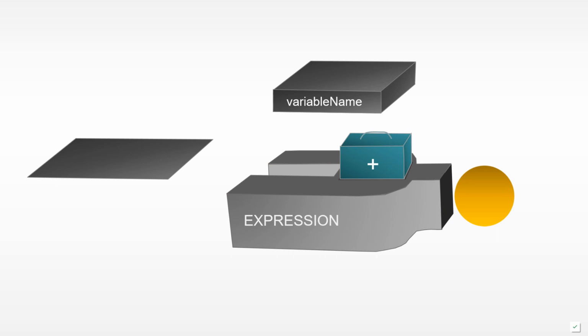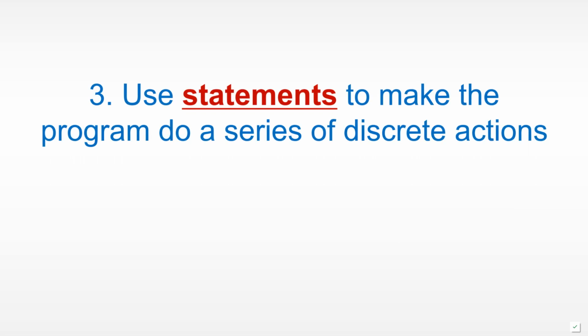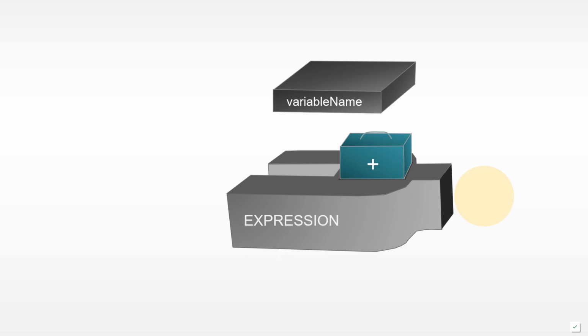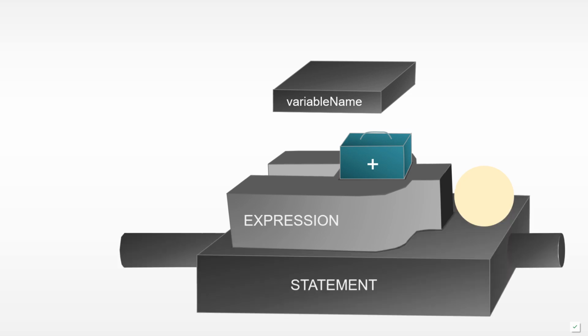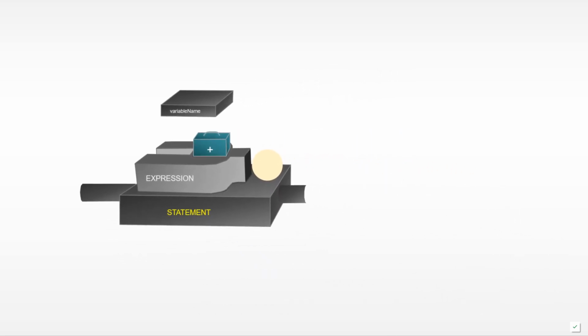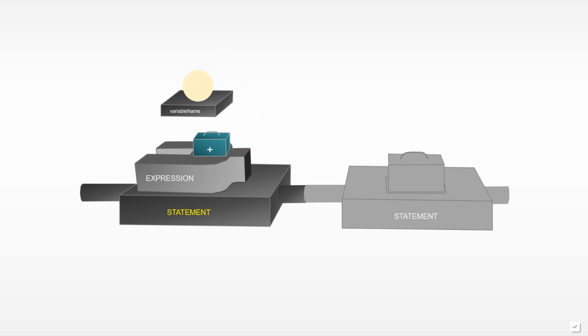So far we've talked about values, we've talked about variables, and we've talked about expressions where we can take values and create new values. We can have inputs and generate outputs. But there is something else which is very useful to have in a program, which is the ability to take individual steps, complete individual actions. And this is indeed what statements are. You can, for example, take the value that we just generated in our expression and then assign it to a variable.